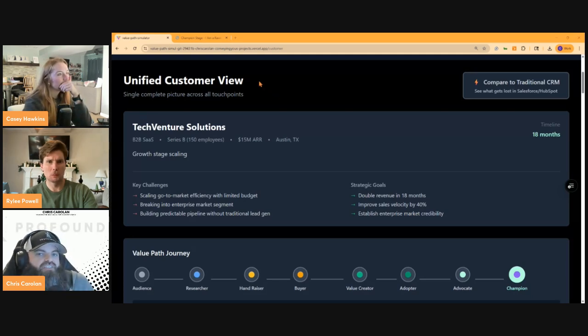So the first step for me is, can we agree on this part? What this looks like? What does a complete picture mean? What does a touch point mean? Can we really have that in one system?